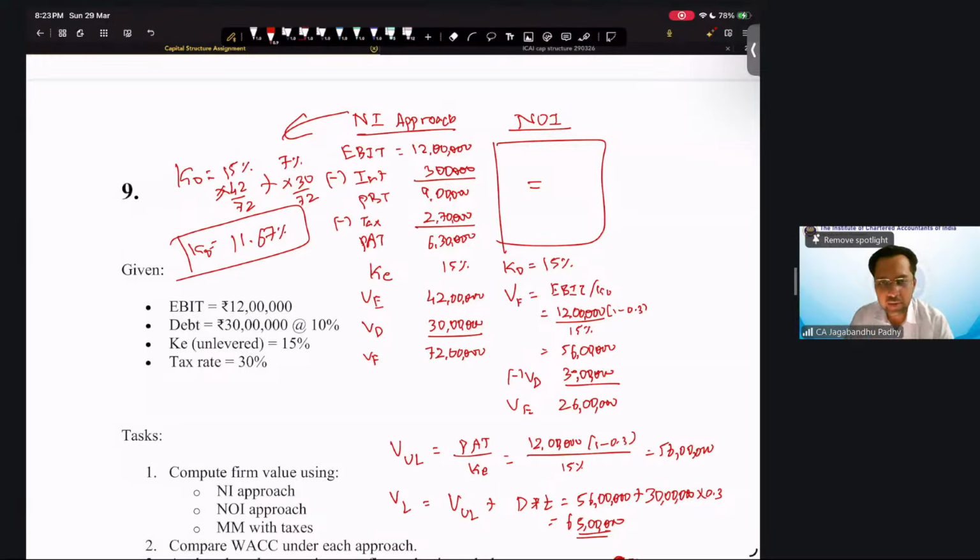But in unlevered, we consider taxes. What are you saying, unlevered? Be it levered or unlevered, if taxes are given, we consider taxes. If tax is not given, we do not consider tax.